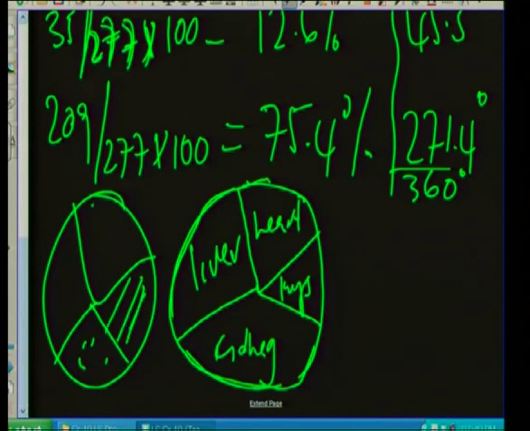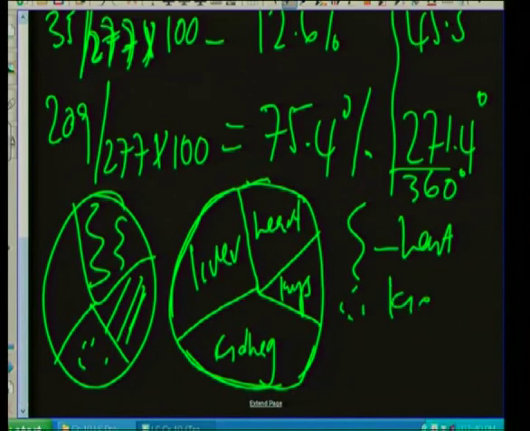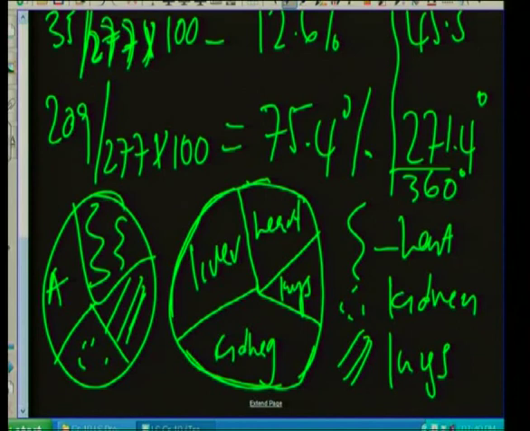You can shade it however you want in the different slices, and then you make a little key. That is the heart. Dotted line, that one there is, for example, the kidney, and the stripes are lungs, and the one that's clear, let's just call it A, we call that the liver. So you will do that.